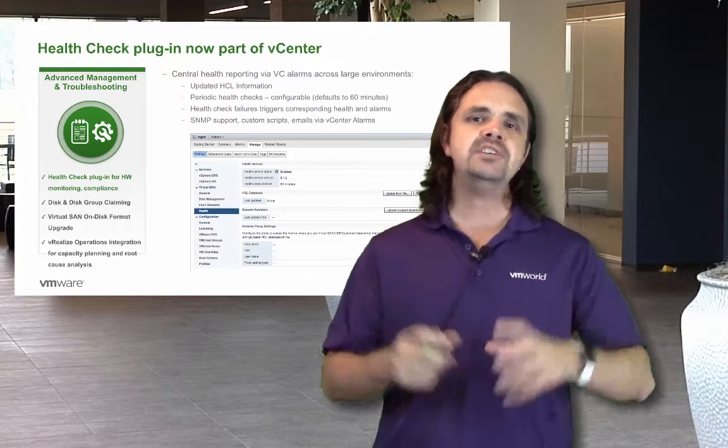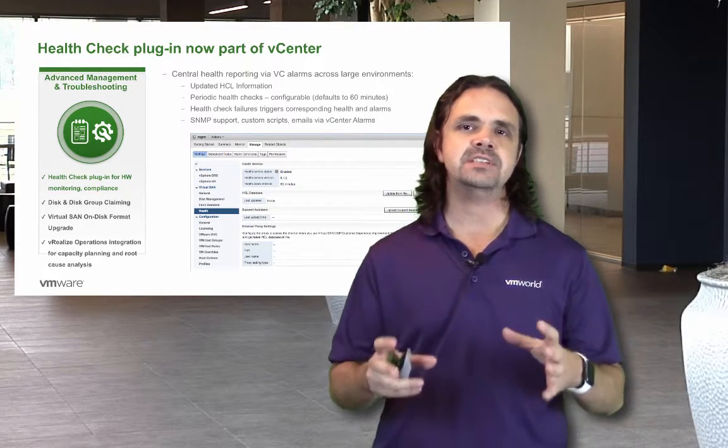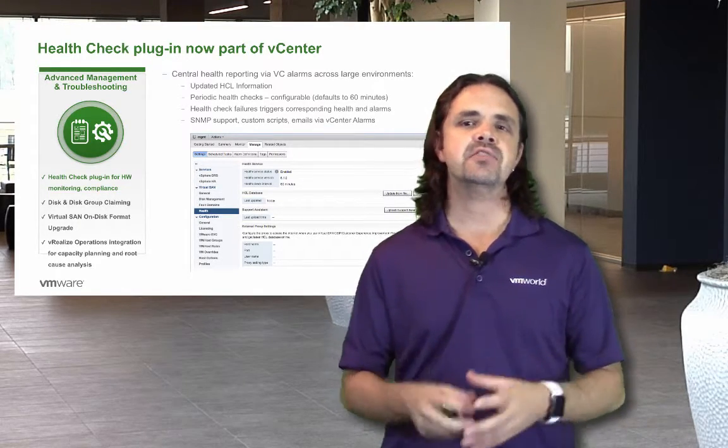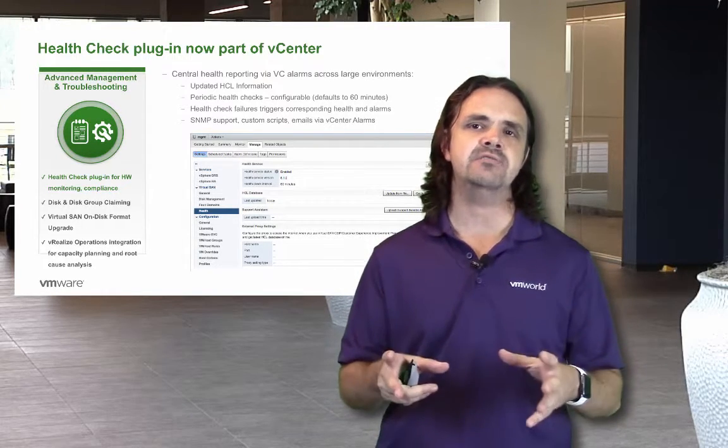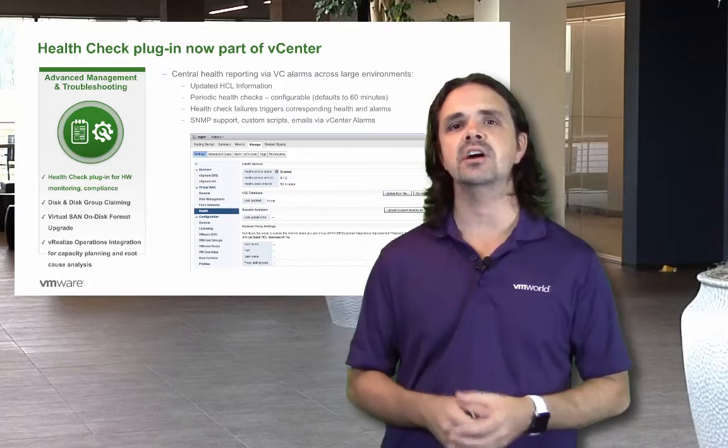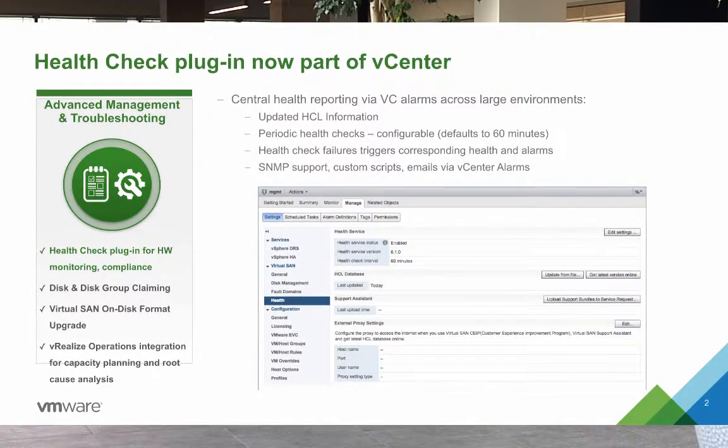So, a big change inside of VSAN 6.1 is the fact that the Health Check plugin is now available directly inside of vCenter. Let's take a closer look. We can see that the Health Check plugin being inside of this space now allows us to do things like periodic health checks.